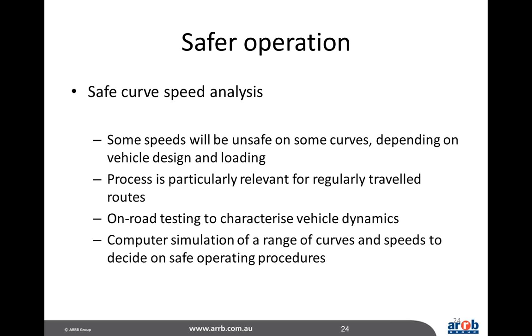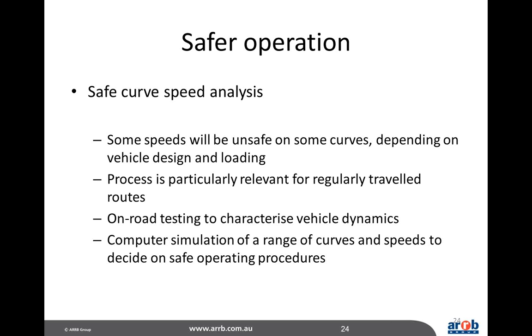Any vehicle has inherent limits on how quickly it can negotiate bends of certain radii, and we're not talking about trying to go faster with trucks. We're just talking about whether or not travelling at or below the legal speed limit might actually be dangerous for some vehicles, and this needs to be analysed, especially when trucks run a certain route every single day with different drivers in them. People are not familiar with the loads, and accidents can happen as a result.